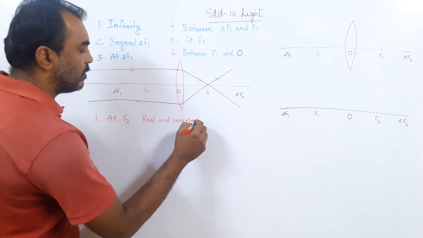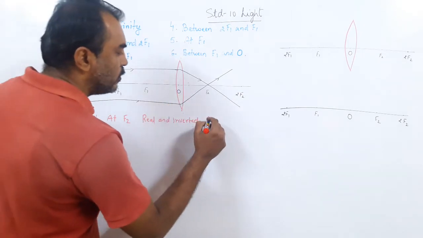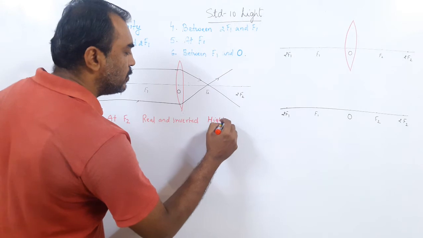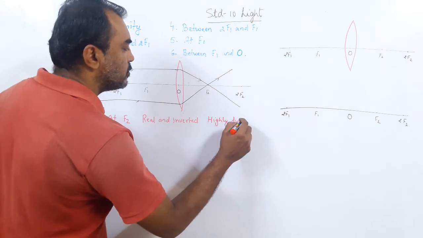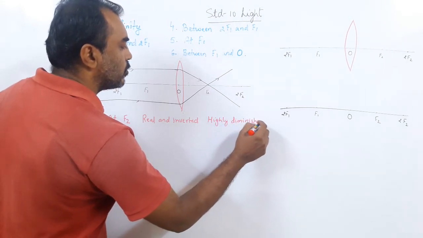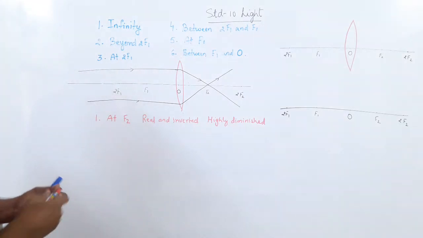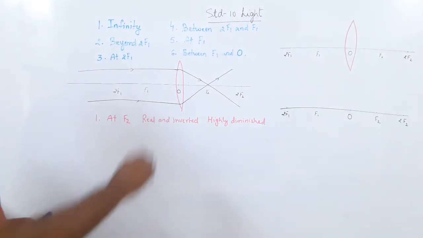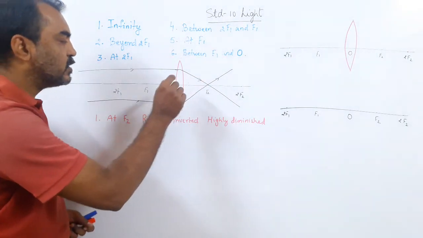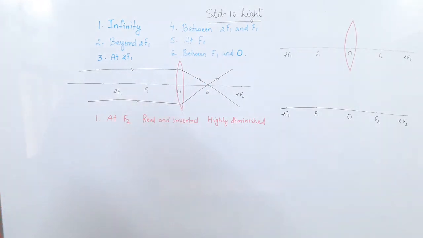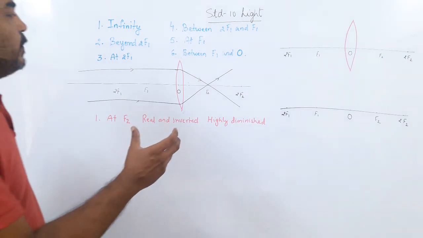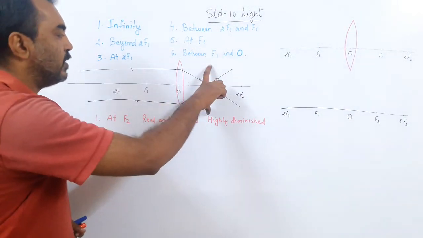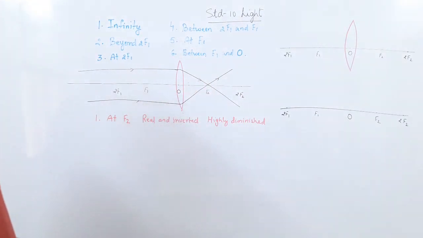As you can see in the case, and it is meeting at a point, so it will be highly diminished. So when the object is at infinity, then the image is formed at f2, real and inverted and highly diminished, very very small, a point of light. Like I gave you the example when you burn the paper. If you put your newspaper here in a lens, it will start to burn.